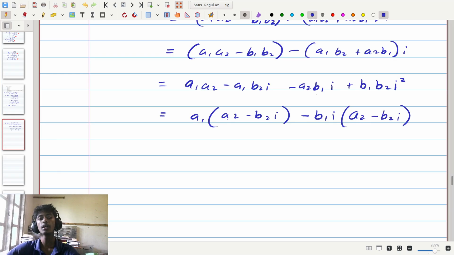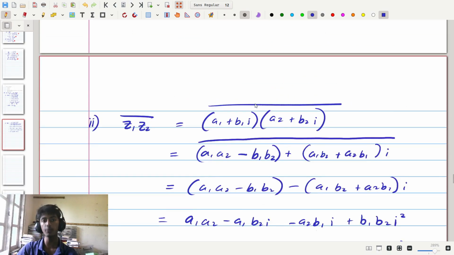Now we can see both of these have A2 minus B2i, and when we factor that out, we have A1 minus B1i, and therefore what we have here is A1 minus B1i times A2 minus B2i.